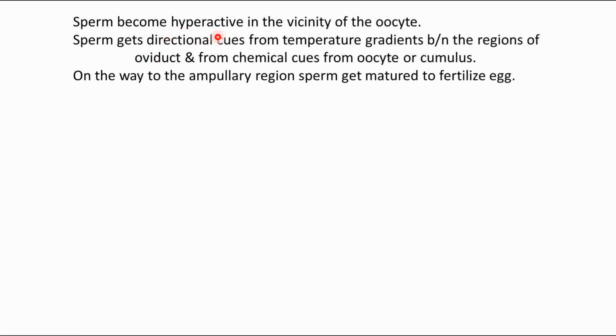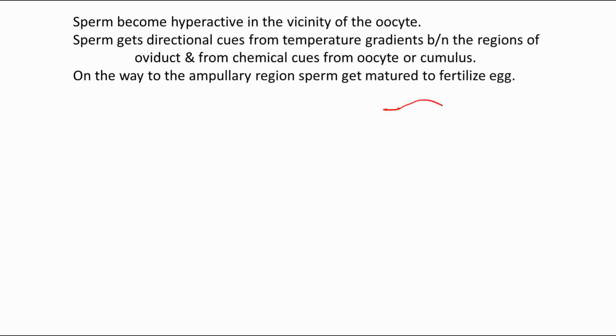One more thing is that on reaching the vicinity of the oocyte, the sperm becomes hyperactive. And there exist temperature gradients. Temperature gradient means a different range of temperature exists as the sperm moves through the oviduct.